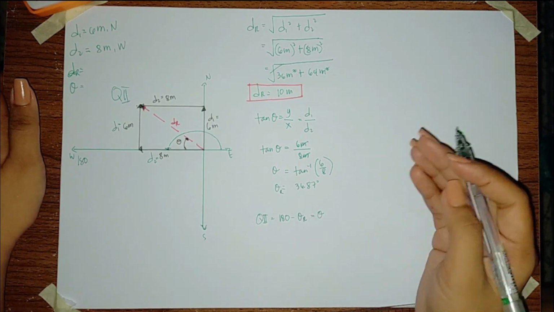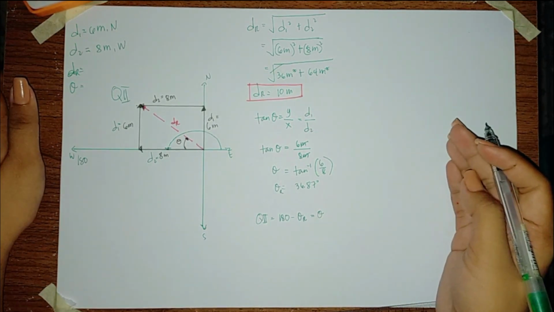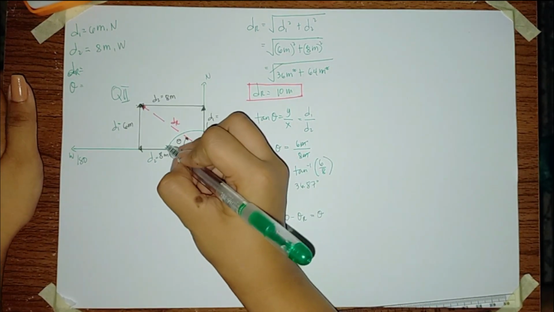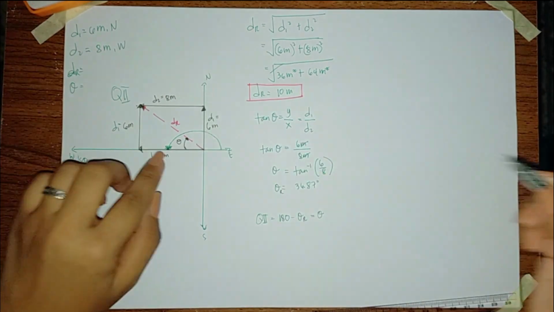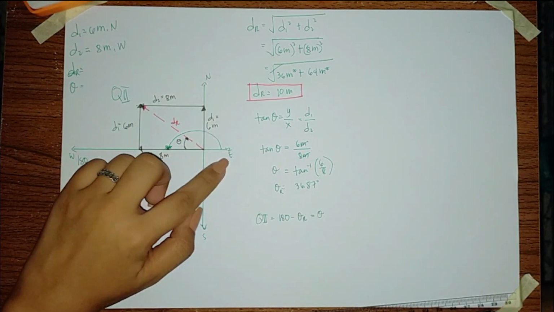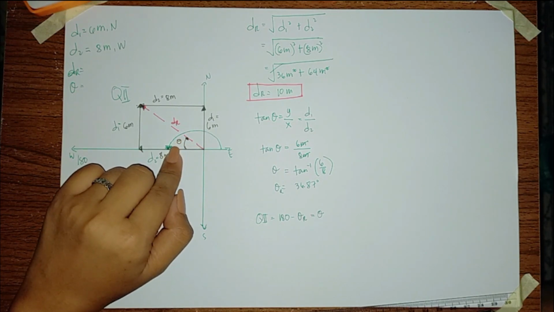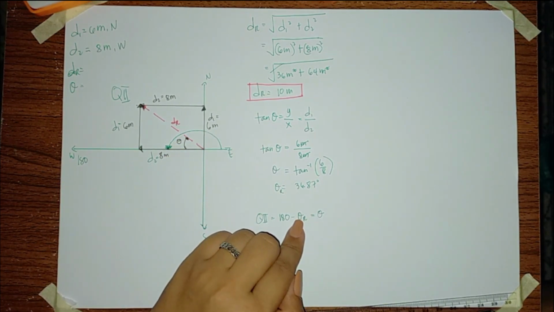Because if we are going to determine the angle or direction of our vector, we need to follow the counterclockwise direction. That is why we subtract.